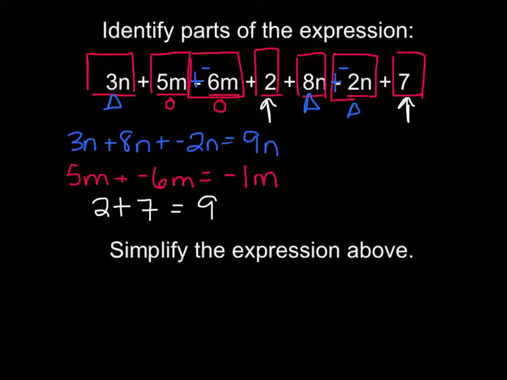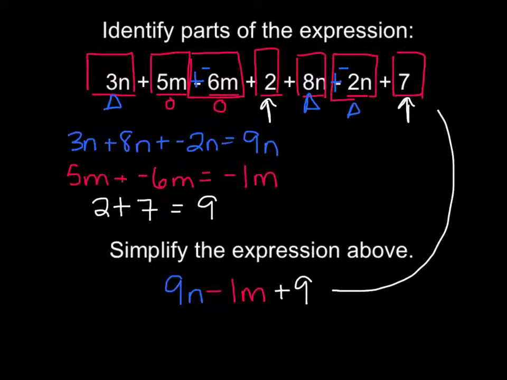So simplifying that expression, I essentially have 9n minus 1m, or I could say plus a negative 1m, plus 9. That is the same thing as this, but is in simplest form. This is the bare bones, okay? That's kind of cool.